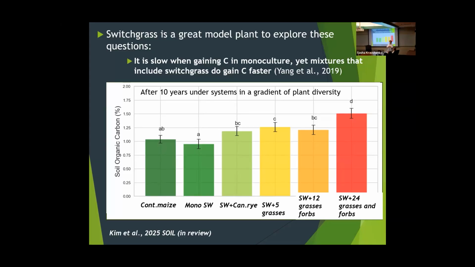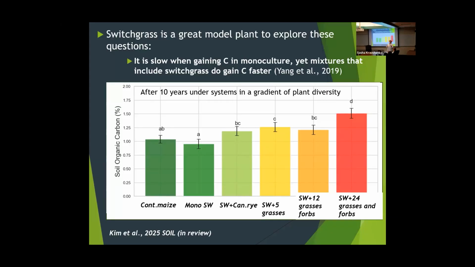It is native, so not some exotic plant and not something that will turn into an invasive species. It's easy to work with. It has very low nutrient requirements. It can go all over the country, starting from northern parts like Wisconsin, Michigan, all the way to south, east and west. So from that perspective, it's a very promising bioenergy feedstock plant.